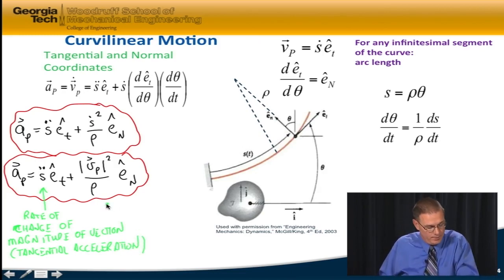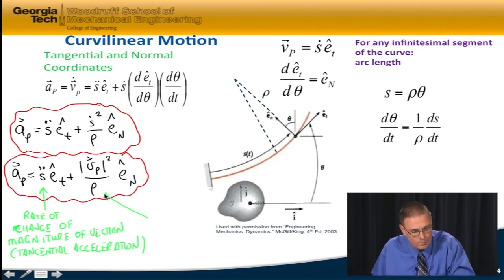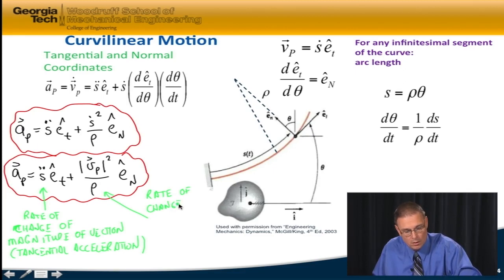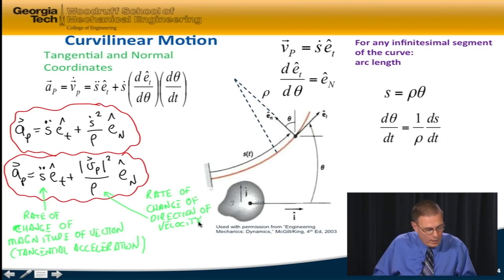And this is the rate of change of the direction of the velocity. So this is the rate of change of direction of velocity. And we call that the radial or normal acceleration.